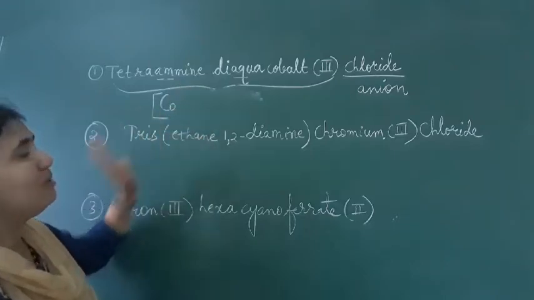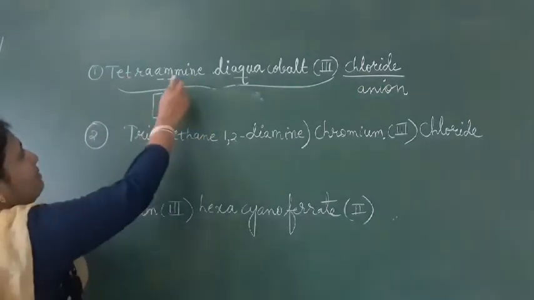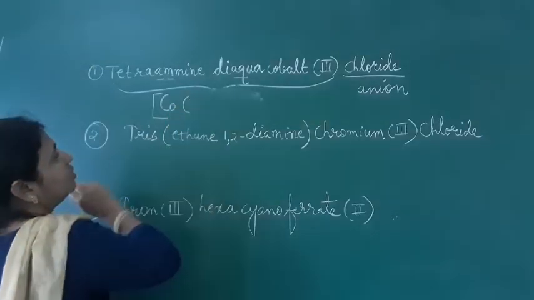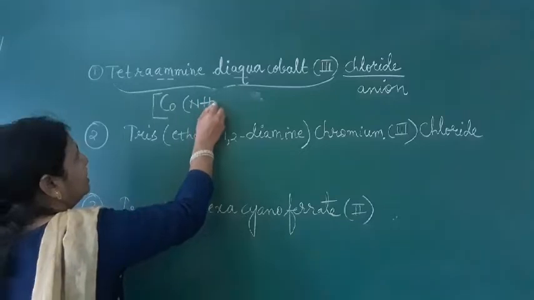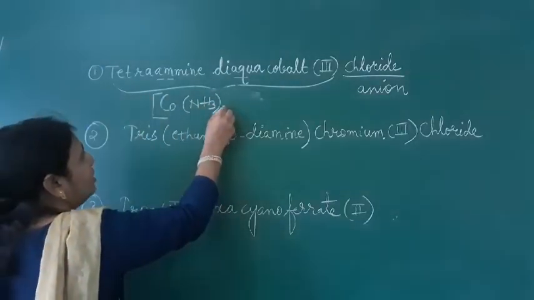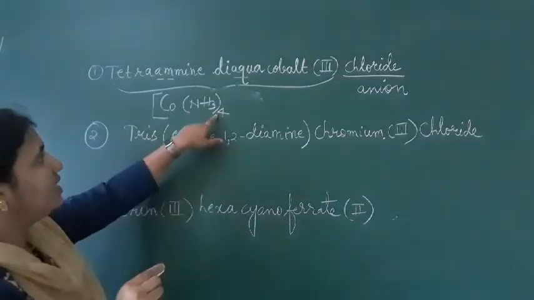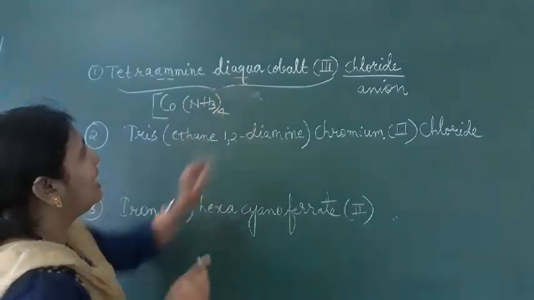So the amine formula we have to write. Ligands, how many are there? Tetra. Amine is a polyatomic molecule, so write it in parentheses. It is NH3, written in parentheses. How many? Tetra, that 4 is written as a subscript down here. NH3 4, tetraamine. Next we have diaqua.